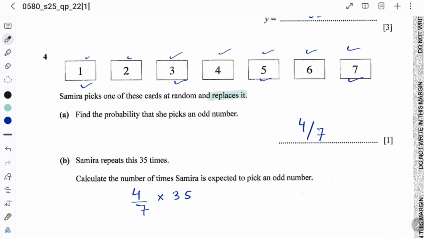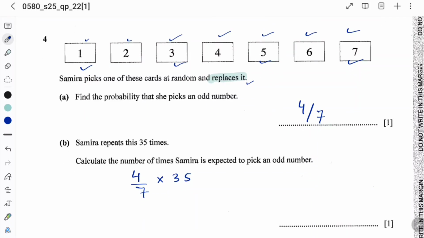That's why they told us that she's going to replace it also, so every time it is 4 over 7. So 35 times 4 over 7: 7 times 5 is 35, and 5 times 4 is 20. It means that Samira is expected to pick an odd number 20 times.